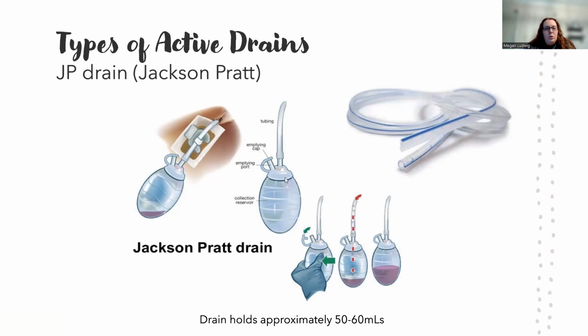So this little bulb is sometimes called a grenade, okay? Just so you know. And then this tubing can be either, in this picture, a flat, or there's another one wound up that is round. So the surgeon will either ask for a flat JP or a round JP, and they can be different sizes, like a 7 or something like that. The bulb itself holds about 50 to 60 mLs or cc's. That would be something you should know as well.